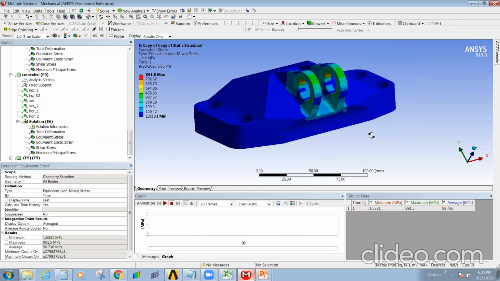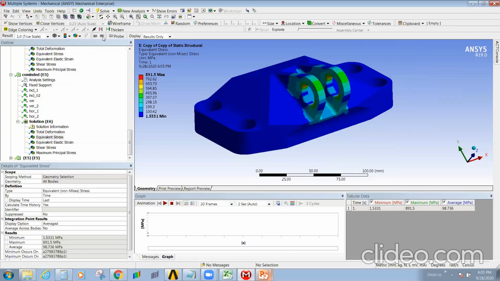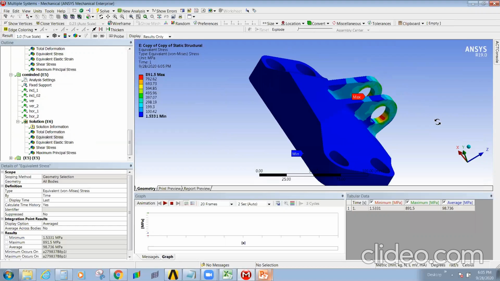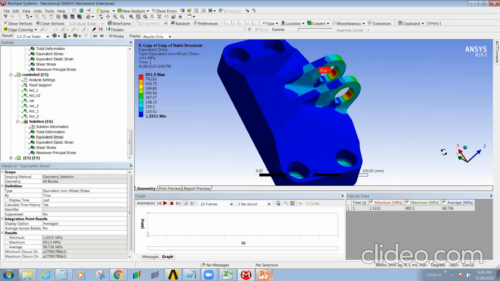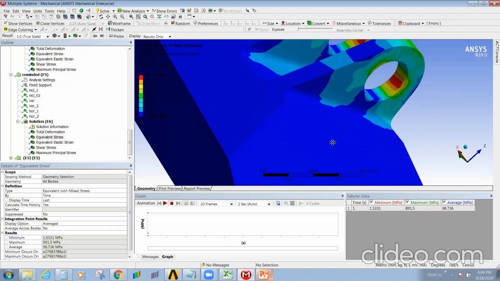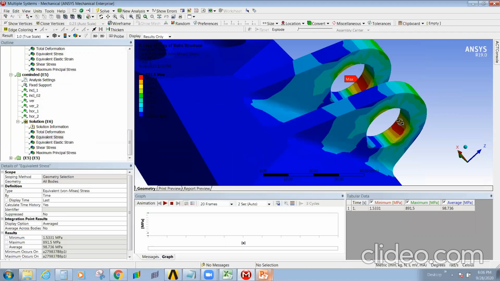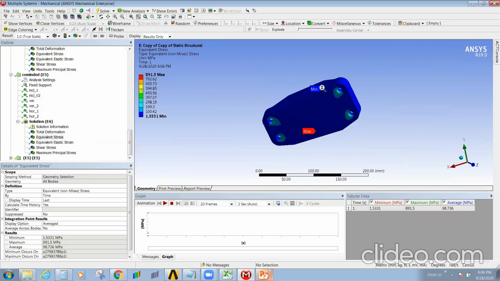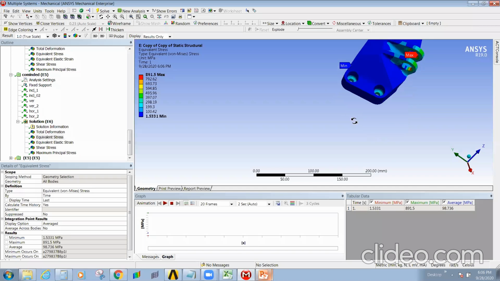Your component is passed for yield, but it is having very less margin. You can apply minimum, maximum. You can see your maximum stress is at one of the lugs, and the minimum is at your base, or somewhere it has more geometry or more thickness.